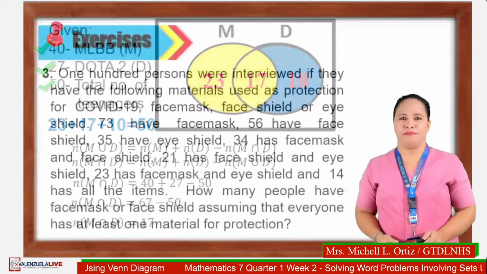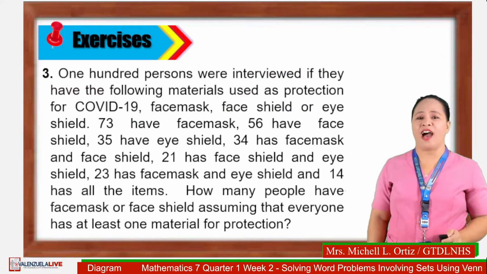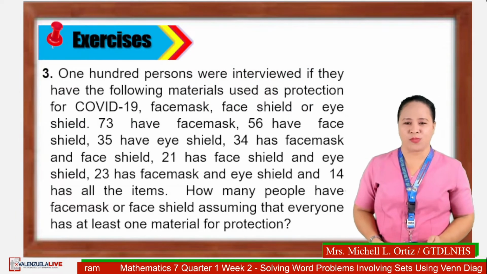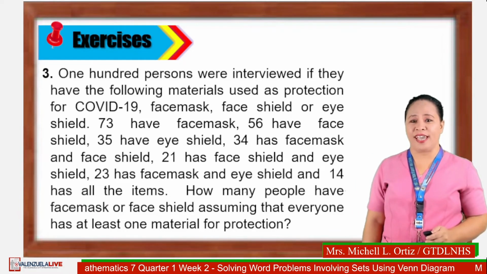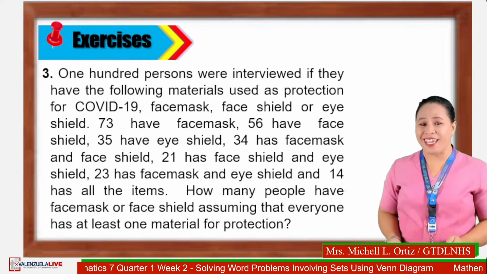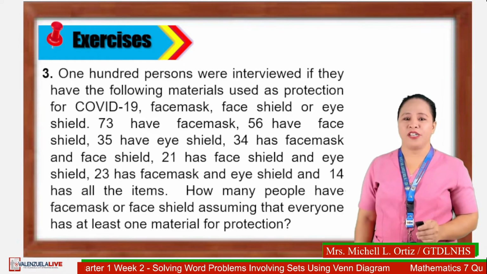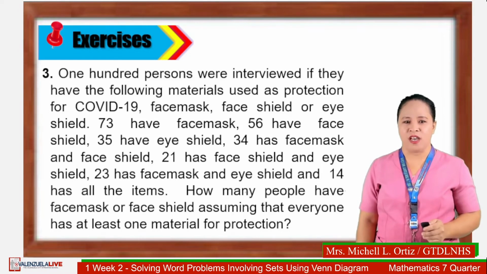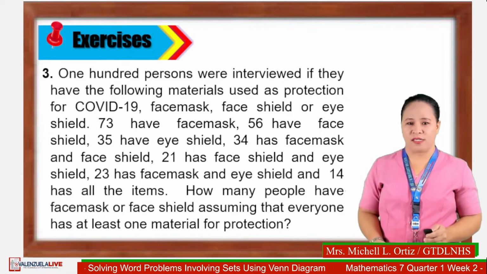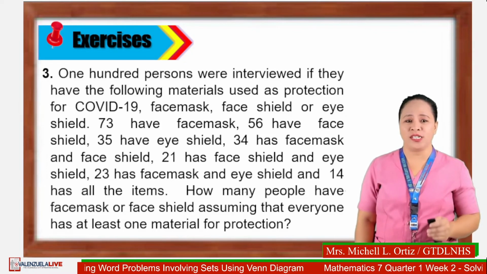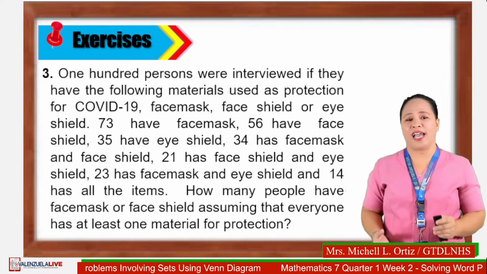Next problem. 100 persons were interviewed if they have the following materials used as protection for COVID-19: face mask, face shield, and eye shield. 73 have face mask. 56 have face shield. 35 have eye shield. 34 have face mask and face shield. 21 have face shield and eye shield. 23 have face mask and eye shield.